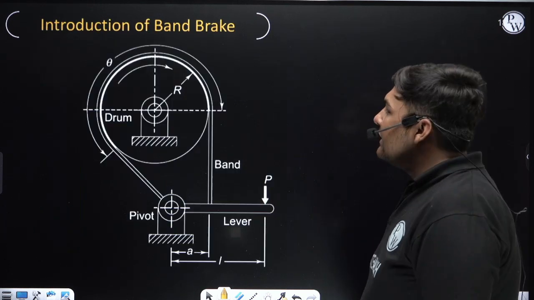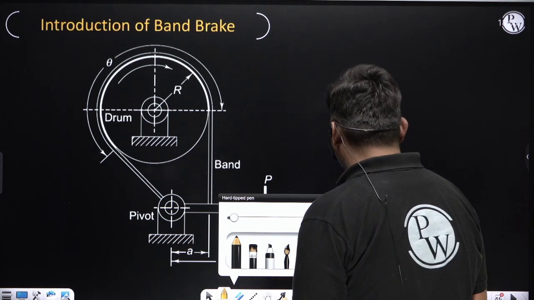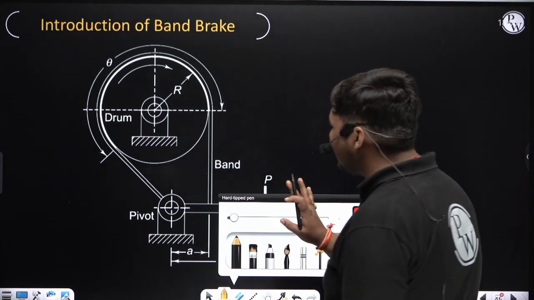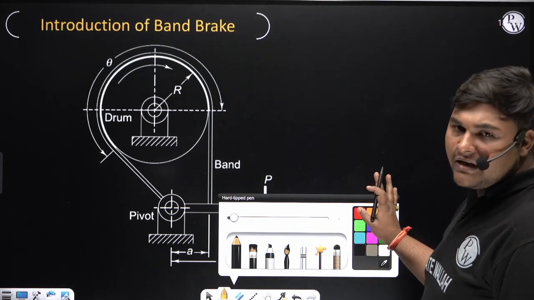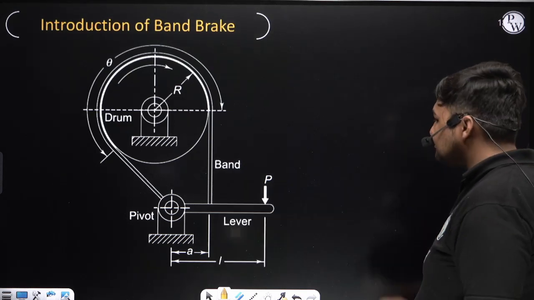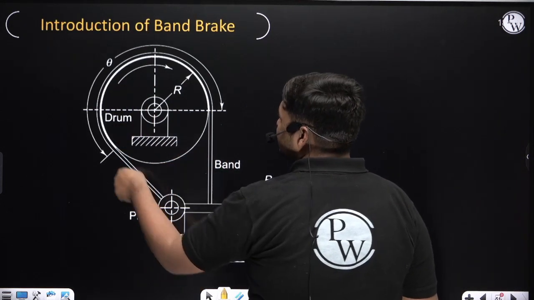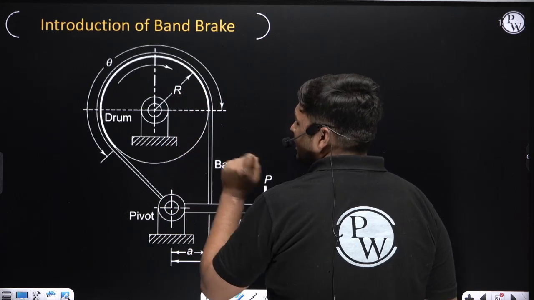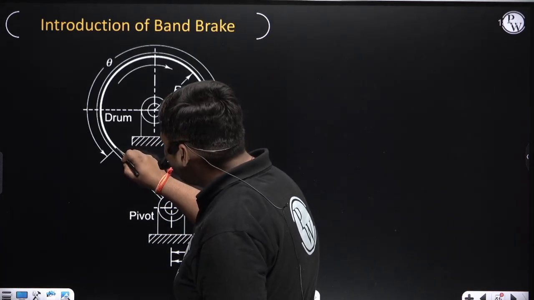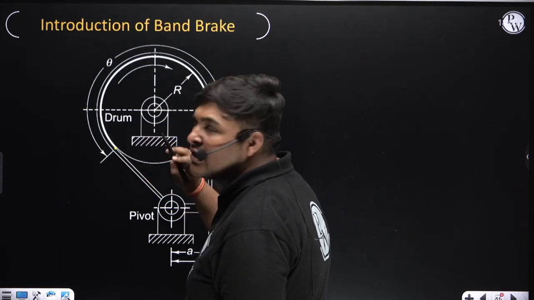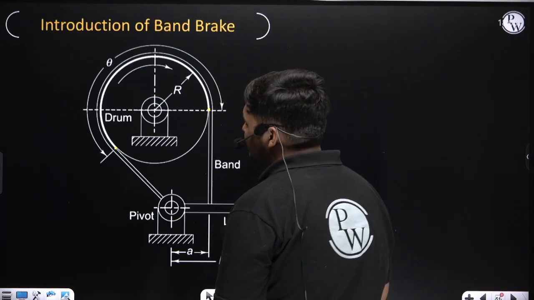Now, this is one of the diagrams of a simple band brake. I will do the analysis of this simple band brake in a detailed manner a little later. This is the drum, and over this drum the band is wrapped. You can see that after this point the band is not making contact with the drum, and after this other point also it is not in contact.